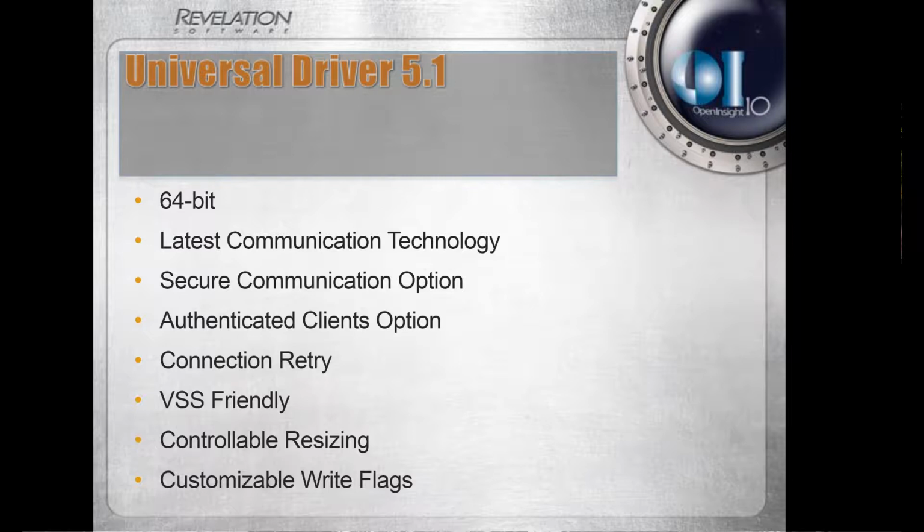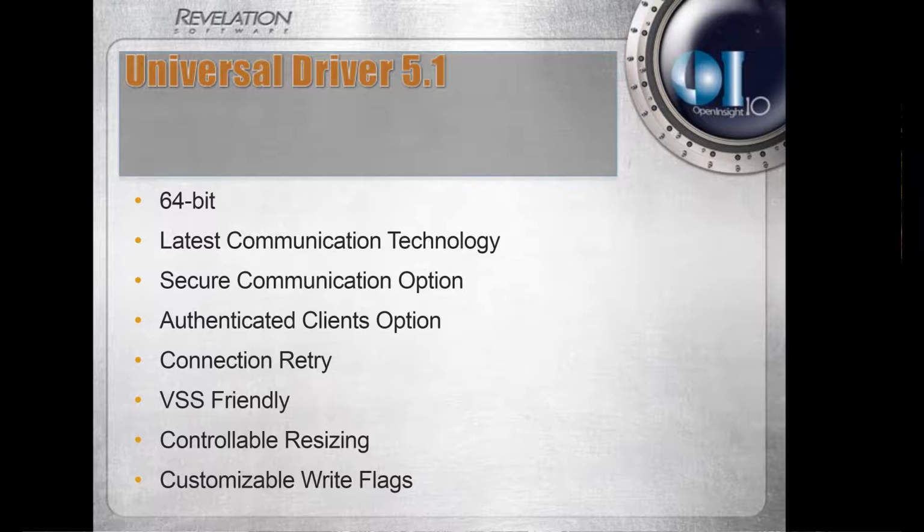It manages the locks, it manages sizing of the files automatically, and we have upgraded the universal driver for OpenInsight 10 to the universal driver 5.1. It's a 64-bit version. We've recompiled it and upgraded it with the latest communication technology at the same time as we turned it into a 64-bit product.